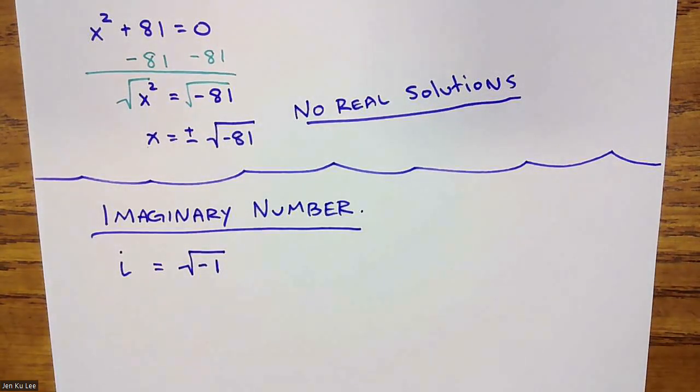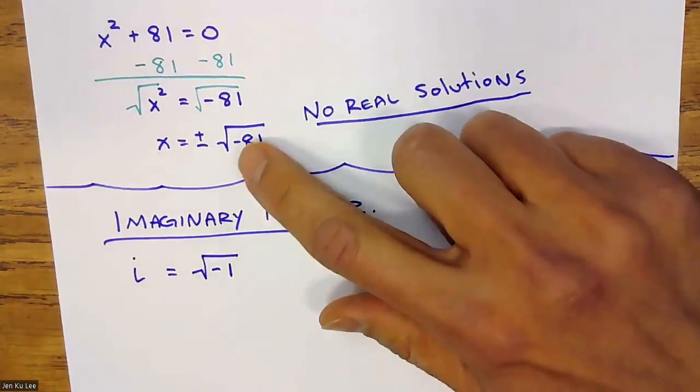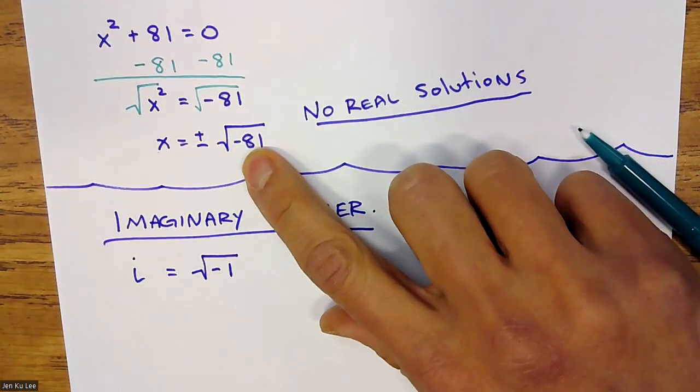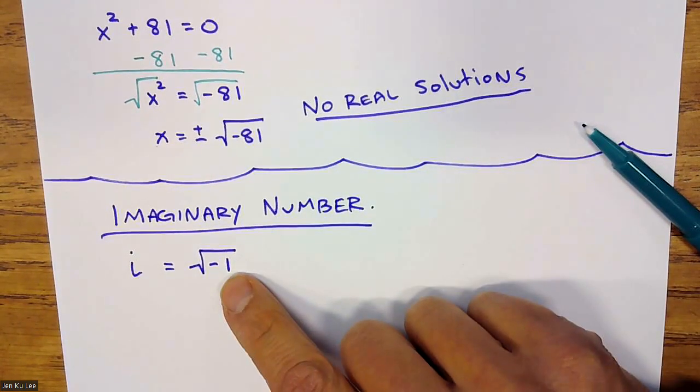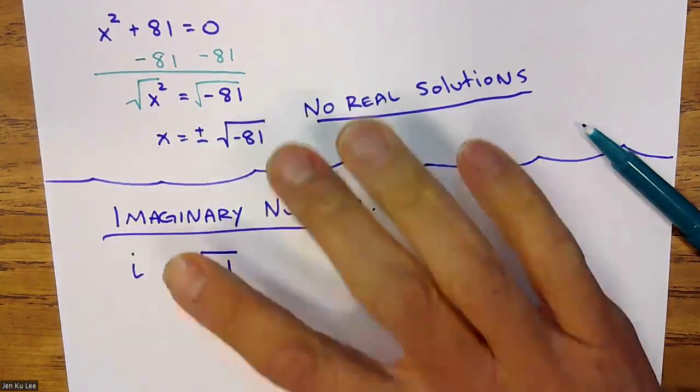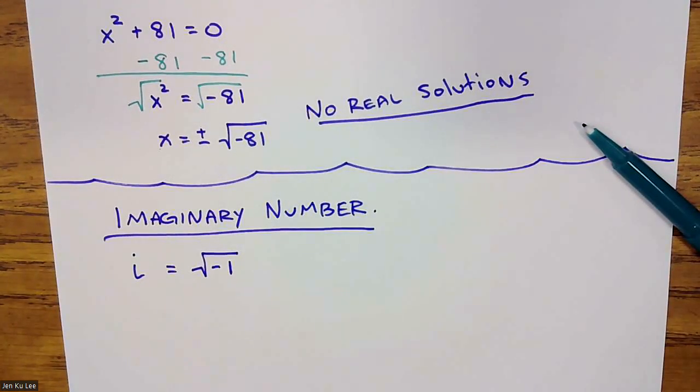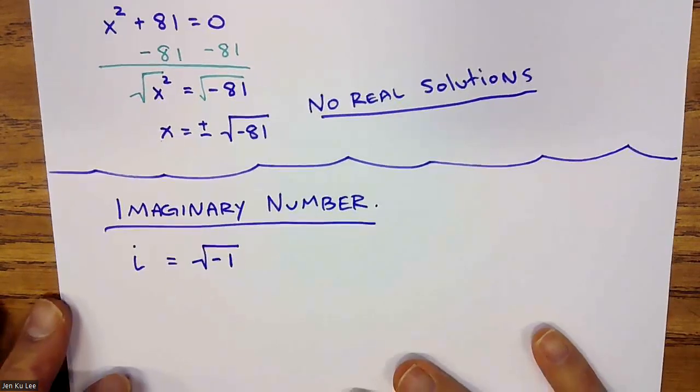Okay, now whenever we come across a square root of a negative number, now we can just plug in square root of negative 1. Okay, and I'll show you how we're going to do that in a little bit. I kind of want to talk about what an imaginary number is and how it works.